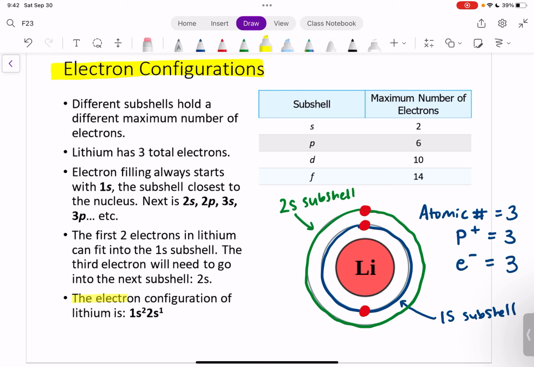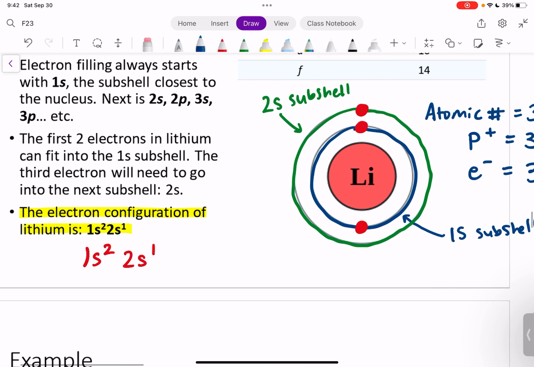And that's noted here. So the electron configuration for lithium can be written in shorthand as 1s2 2s1. So using our picture over here that we drew of our lithium atom, what do you think that this 1 and this 2 are indicating?